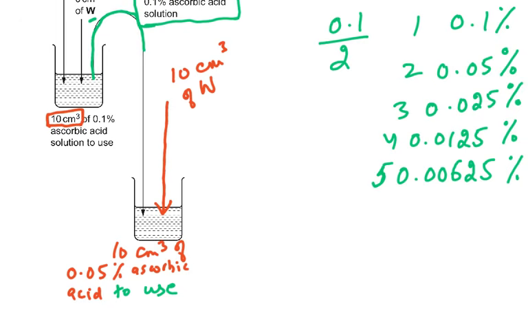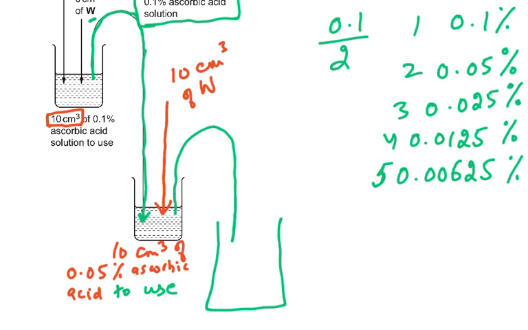So you added 10 centimeter of W. Now you had added 10 centimeter of the 0.5%, which I'm drawing in green arrow. And to this you added 10 centimeter of W. Now you're going to again take out 10 centimeter and you're going to add it to another beaker. So you have to make 5 beakers.